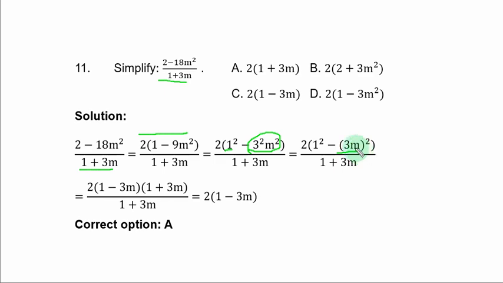By difference of two squares, this factorizes to this, and you cancel this with this, and you have 2 bracket open 1 minus 3m bracket close. A is the correct option. No. C is the correct option. C is the correct option.